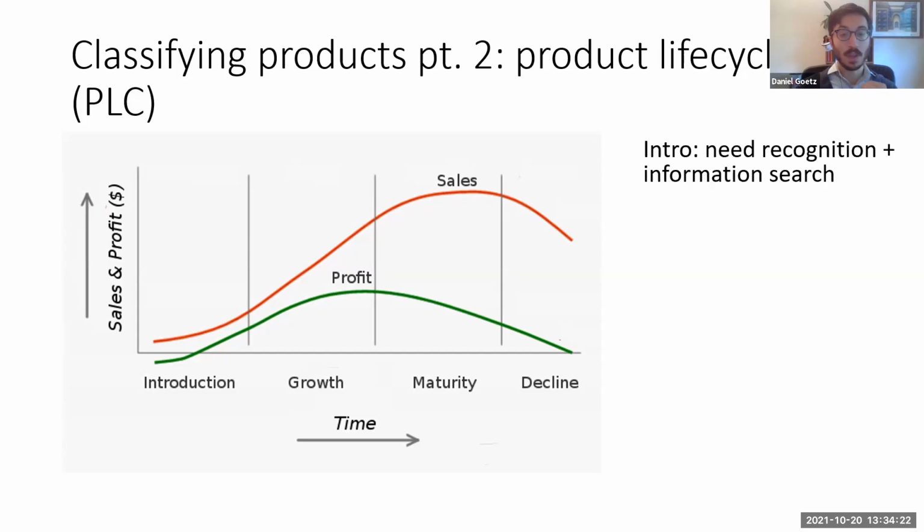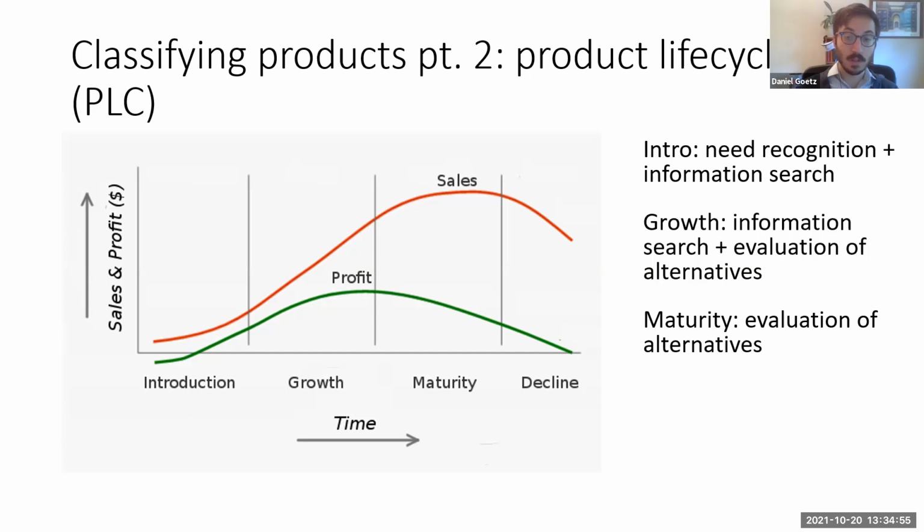So if you're classifying your product according to this, figuring out where you're at is typically not the hardest part. Once you've figured out where your product is in terms of the product life cycle, then you can think, okay, what should that tell me? If it's an introductory product, focus on need recognition and information search.